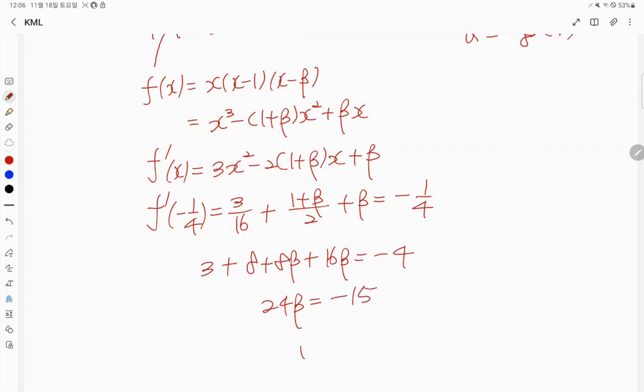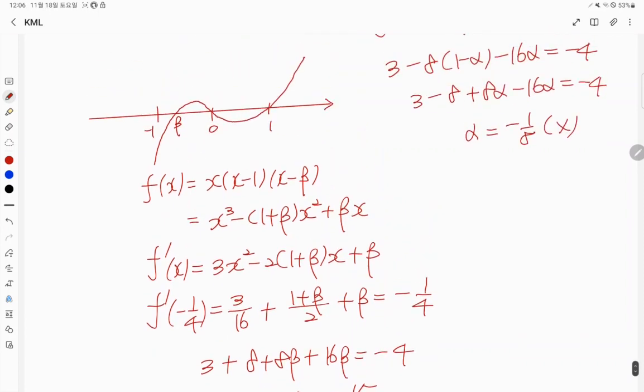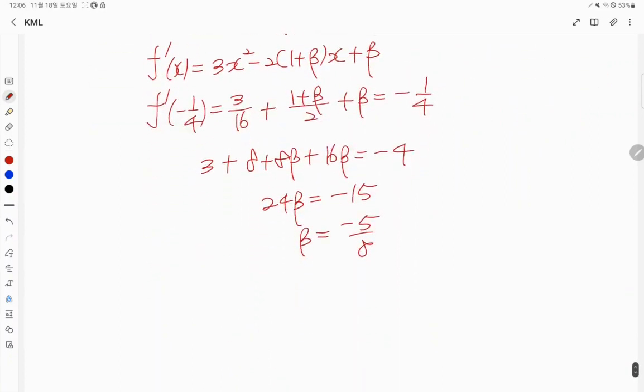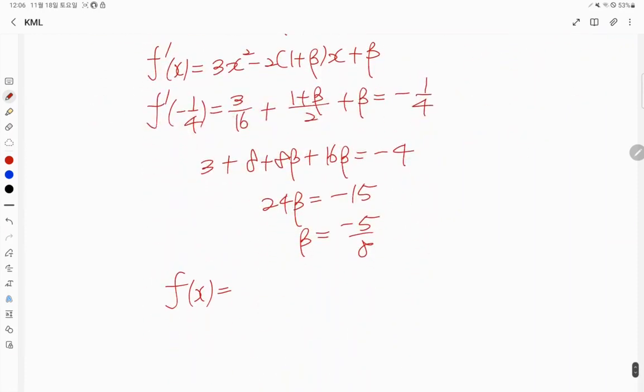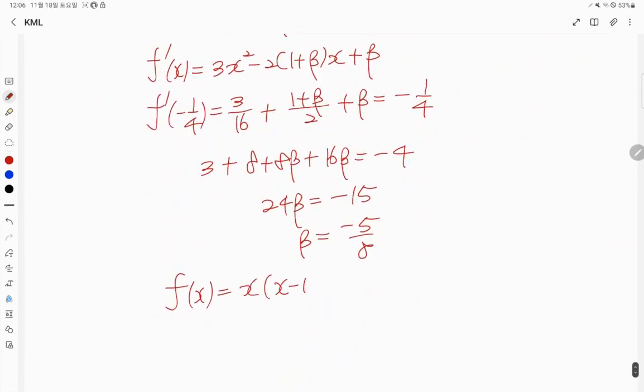And so this makes beta equal to minus 5/8, and this satisfies the location of beta between minus 1 and 0. So now we finally find the equation for this function.